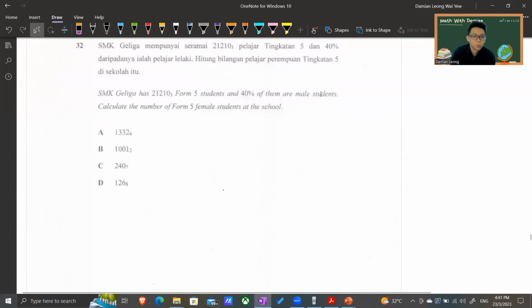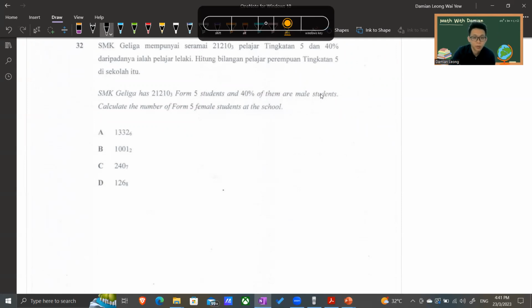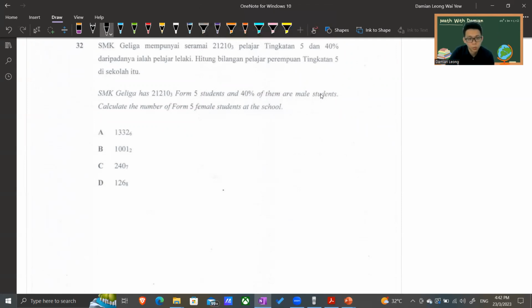Okay, question 32. SMK Galiga has 21210 base 3 Form 5 students, and 40% of them are male students. Calculate number of Form 5 female students in the school. So total has this number of students. 40% are male, means 60% is female. Let's find the value in base 10 first.